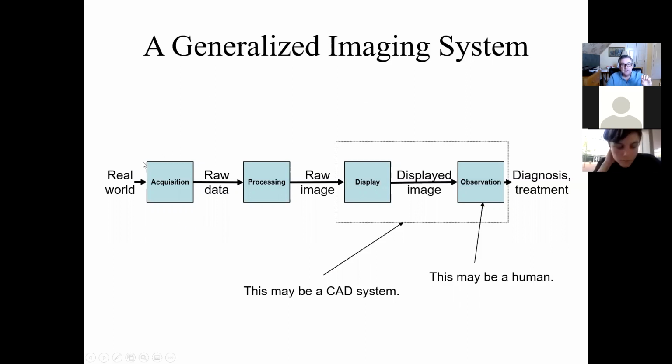First of all, if we think about any of these imaging systems, it has a bunch of components. This is in a medical context here, but basically we're observing the real world in some way, and so we have some acquisition system that gives us raw data, and then very often that is processed in some way into what I will call a raw image.